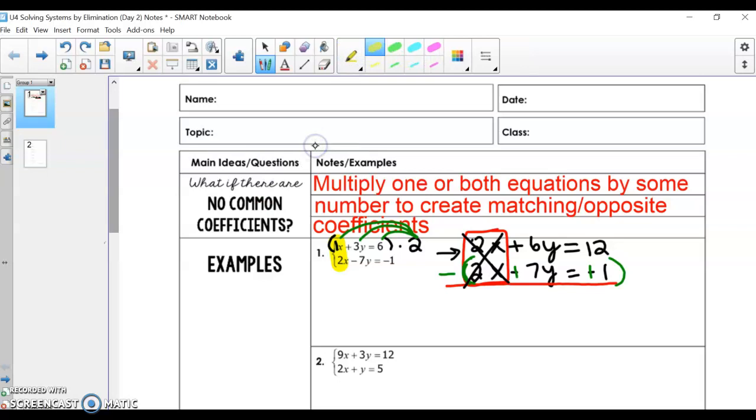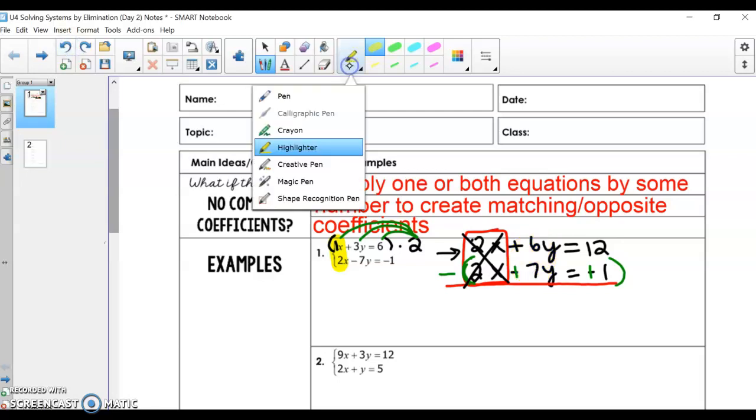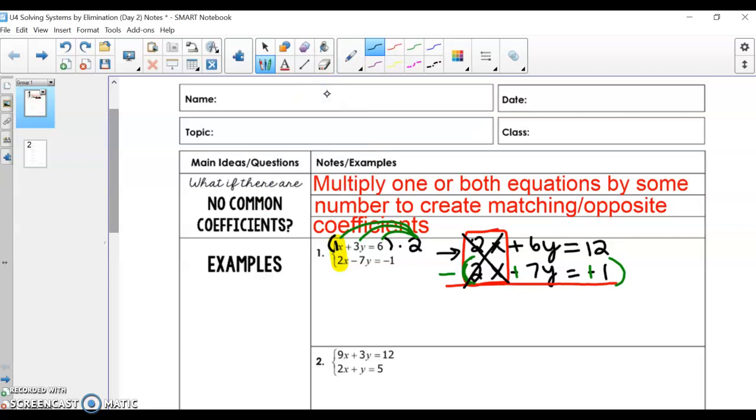Now, as I keep going, 7y plus 6y gives us 13y. And then 12 plus 1 on the end gives us 13.